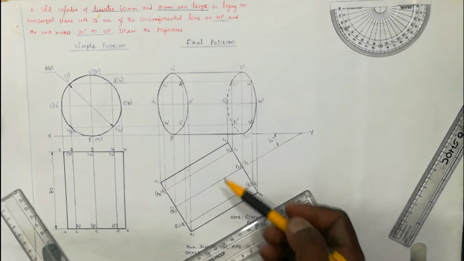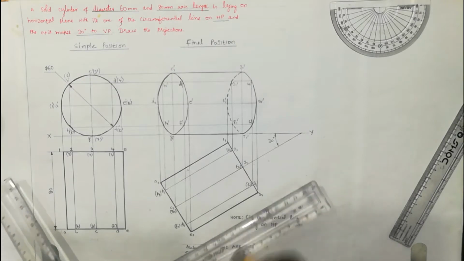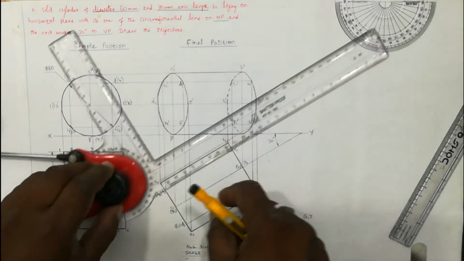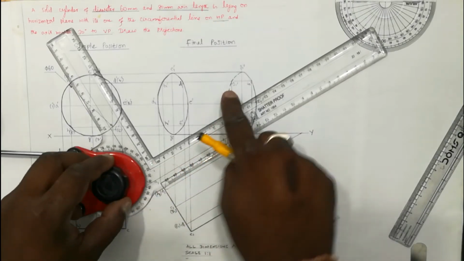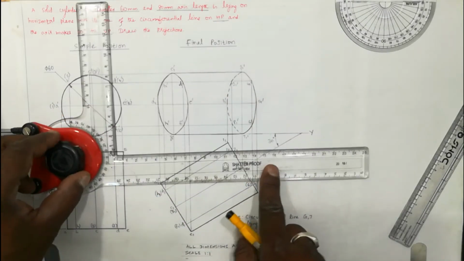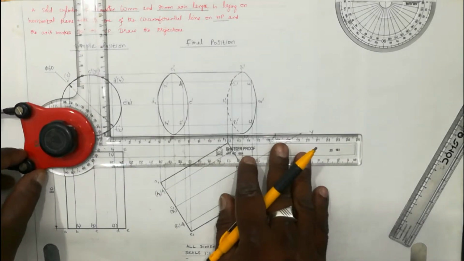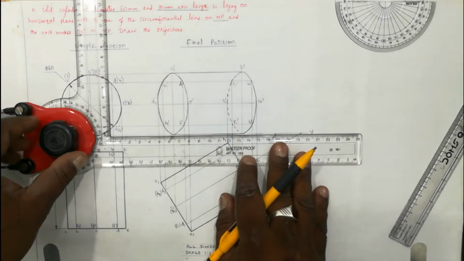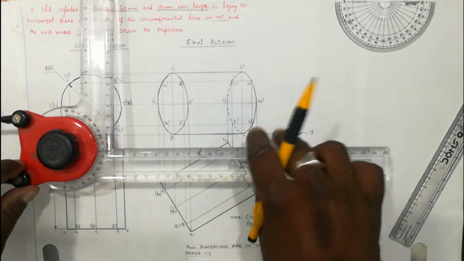Then how to construct the final front view? This I'll explain now. Reset your drafter scale by rotating the nut anti-clockwise so the scale is released, and reset it by keeping the edge of the longer scale in coincidence with this XY line. Then rotate the nut clockwise so that the scale will not be disturbed.